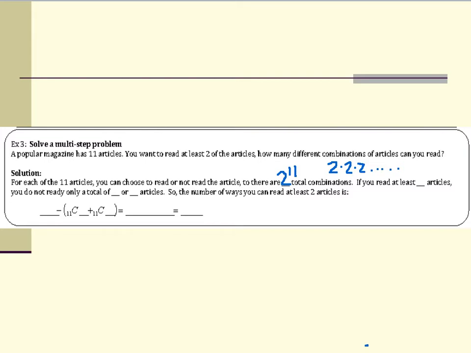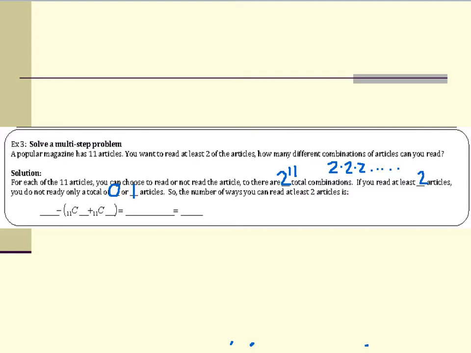If you read at least 2 articles, you do not read only a total of 0 or 1 articles. So what you could do is 11C2, 11C3, 11C4, 11C5, all the way up to 11C11, but that's going to be a lot of work.